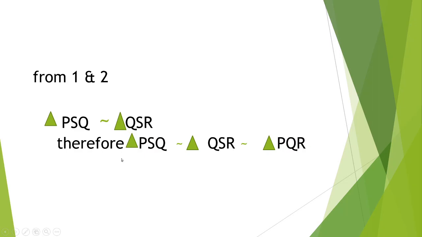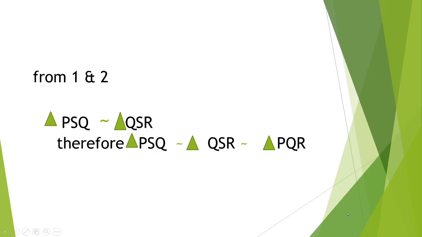Then you can say triangle PSQ similar to triangle QSR, similar to triangle PQR. On which property? Transitivity property of similarity.